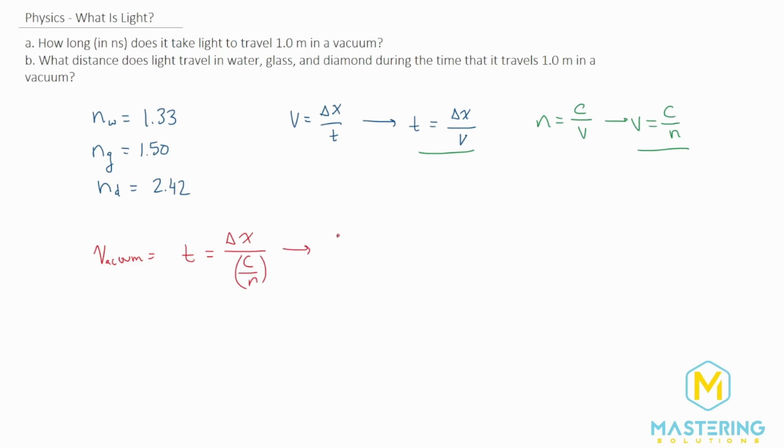So we could simplify it as the distance divided by c. They want to know 1 meter, so 1 meter divided by 3 times 10 to the 8 meters per second. So we have meters divided by meters per second, which is going to cancel the meters and leave us with seconds. So we know that we did the equation right.